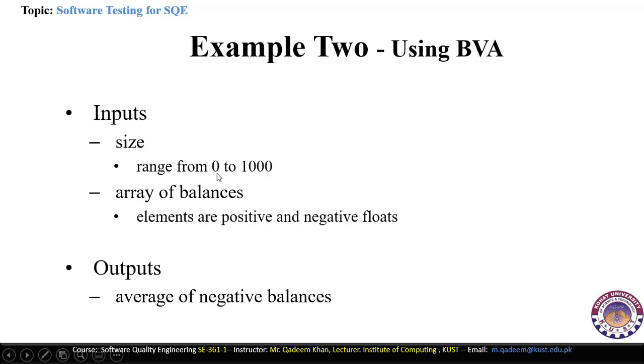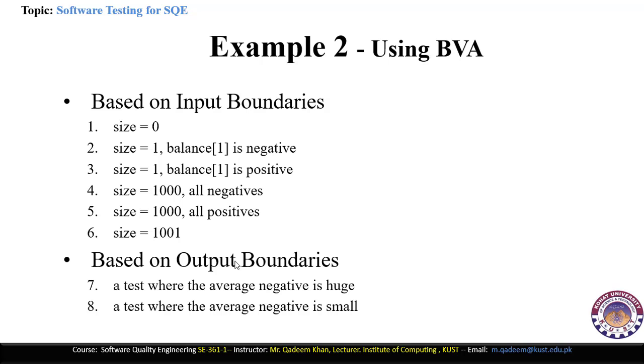And negative means the values which are less than 0, that is -1, -2, etc. Output is the average of negative balance. So here, it is better to test based on the average of 0 to 1000, which is 500. So this will be the exhaustive testing and it will represent the whole testing, because 100% coverage is not possible, and that's why we can test the system based on some average negative values or average positive values.